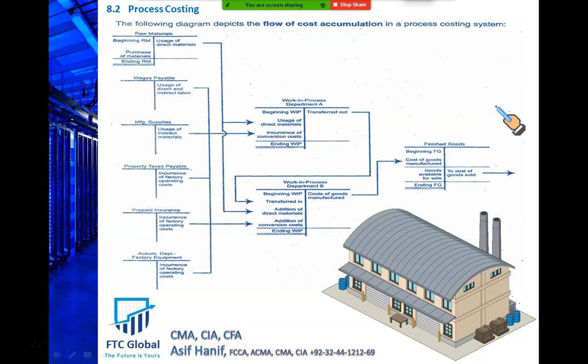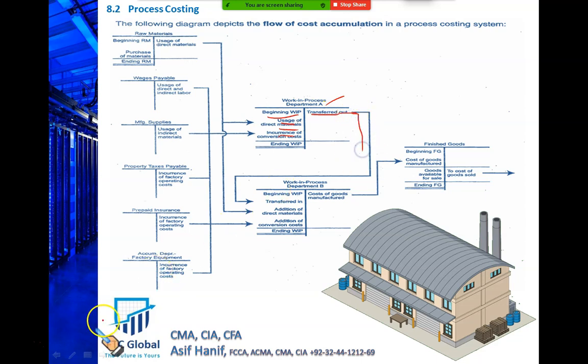So far what we have learned is that process A or department A has some beginning work in process. We added some material during the period and we added some conversion cost during the period. Resultantly, we were able to complete a few units and we transferred those units to the next department.